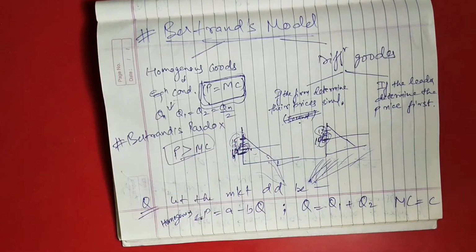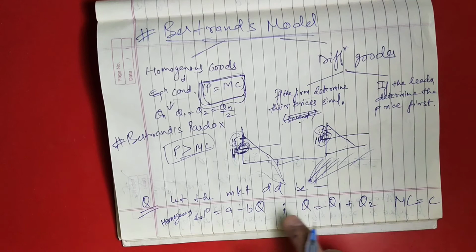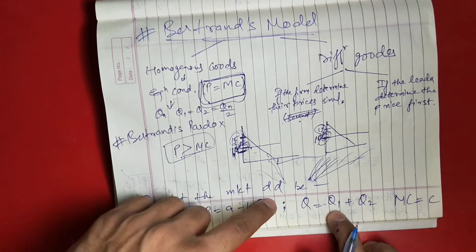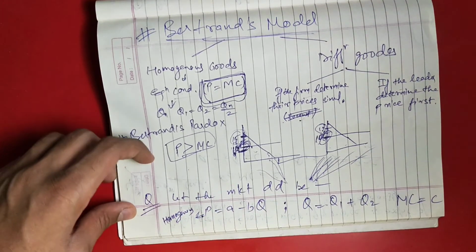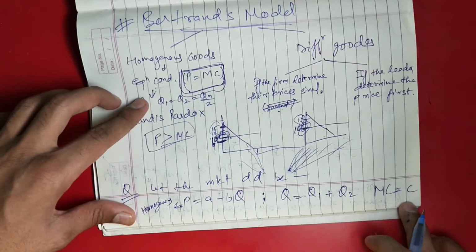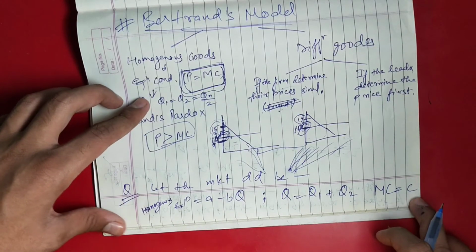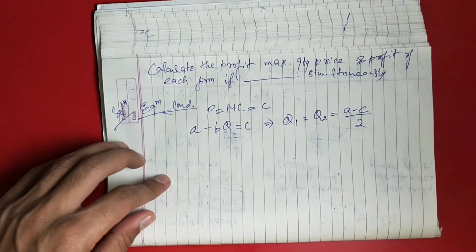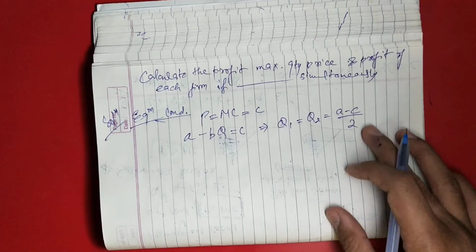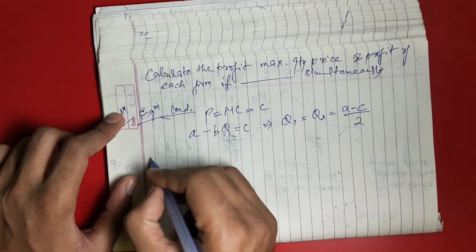The total output will be divided between both, and if you also solve by putting differently, you will get the same answer only, as I have already told you that when MC is constant, you will get Q1 and Q2 equal, whatever Q1 is will be equal to Q2. Okay guys, so now we will see what the profits are.